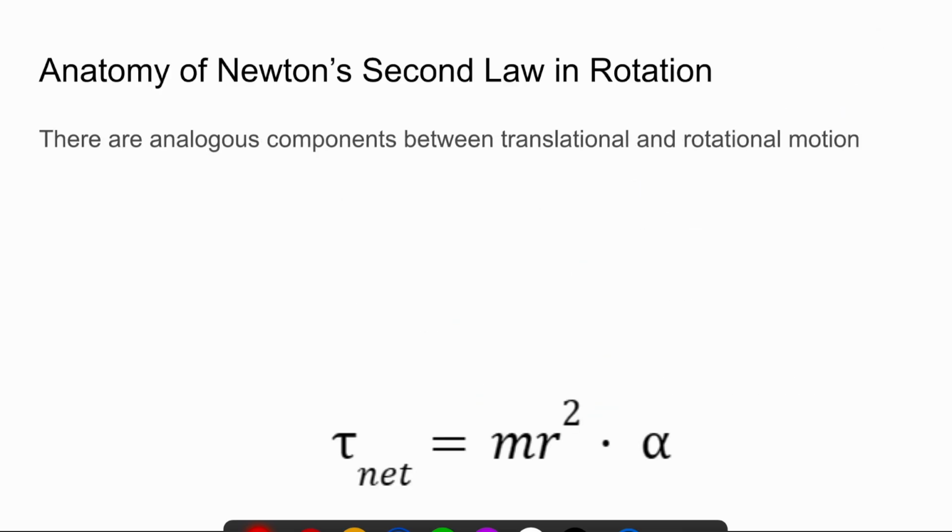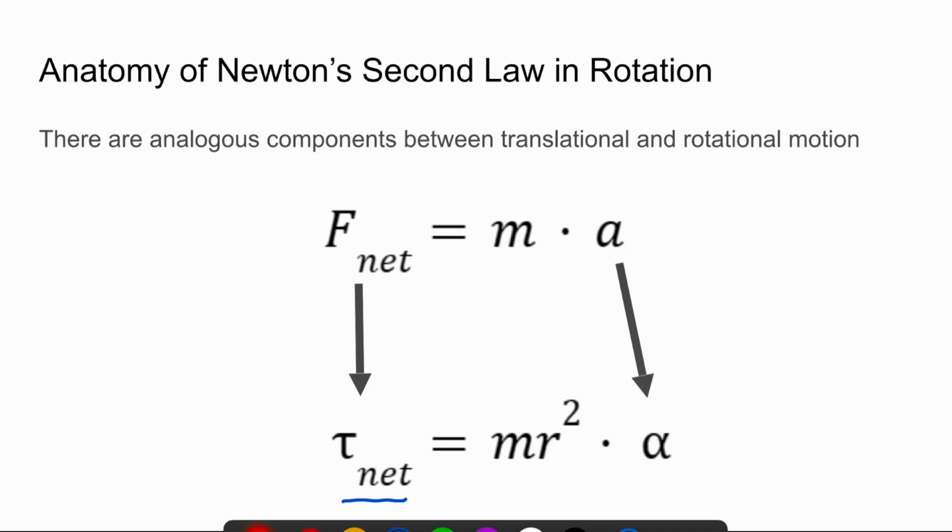So let's think about how this equation we just made, the net torque equals mr squared times angular acceleration, fits into that Newton's second law equation, that net force equals mass times acceleration. If we look at this, we know there are analogous components between translational and rotational motion. The analog of net force for rotational motion is our net torque, and the analog of translational acceleration is our angular acceleration.